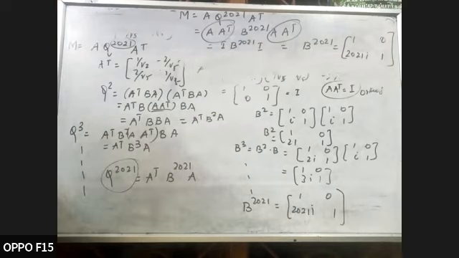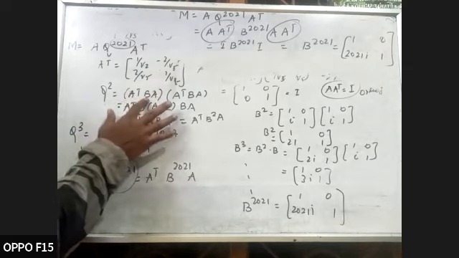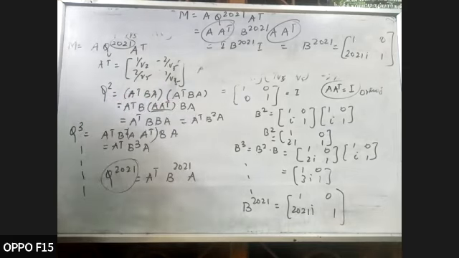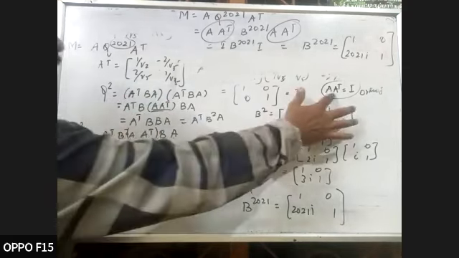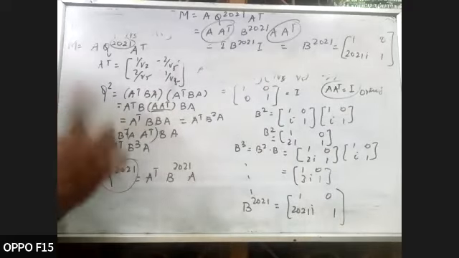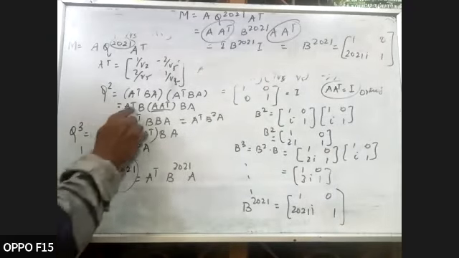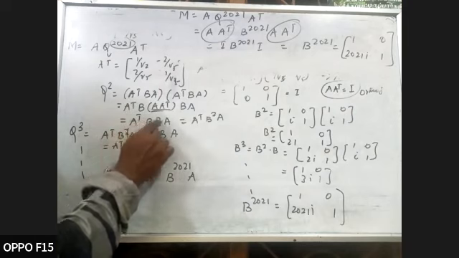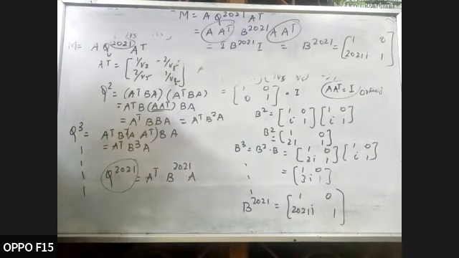Now let us find out Q, given that Q is equals to A transpose B A. Q square means 2 times we have to multiply A transpose B A into A transpose B A. Now I can write this as A transpose B, bracket மாத்தி போடுங்க, A transpose A, because it is orthogonal matrix. A transpose A means nothing but I. Simply we can write A transpose B B A, that is A transpose B square A. This is called Q square.